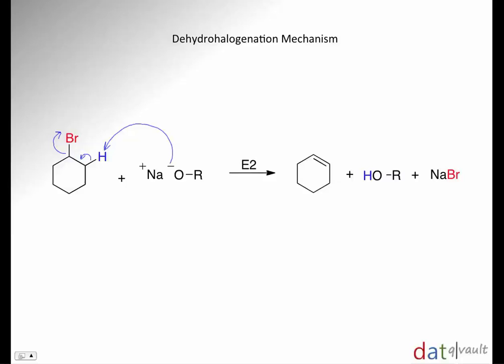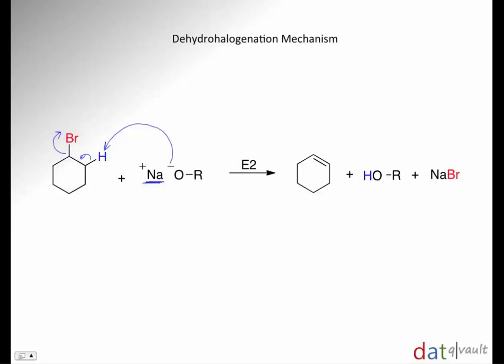Once this reaction happens, we're going to end up with our alkene. We're going to end up with an alcohol as a byproduct, and we're also going to end up with sodium bromide as a byproduct from the sodium here in the base and also the bromide that leaves.